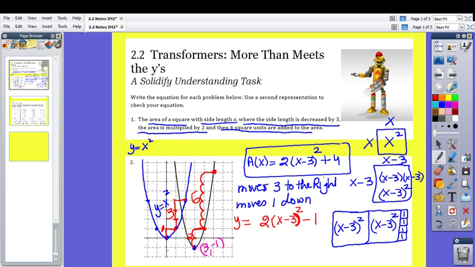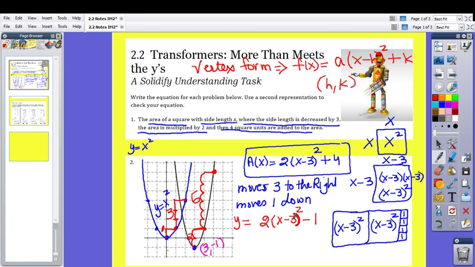for the value a. Remember our vertex form, which was f of x equals a times (x take away h) squared plus k, where h and k are the vertex coordinates.